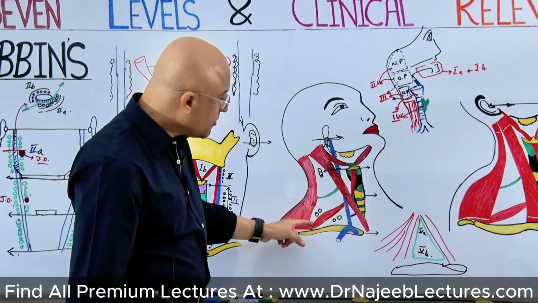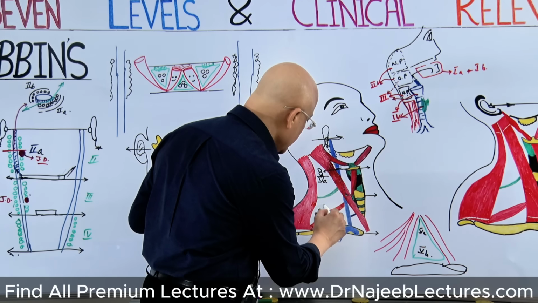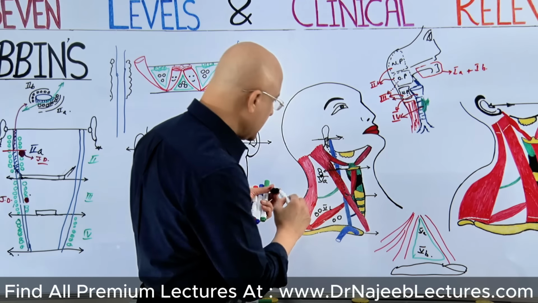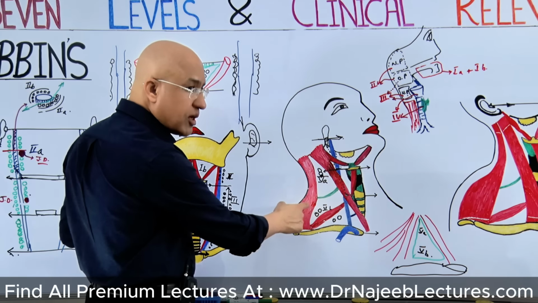When we are talking about level 5, we say the upper part is level 5A, right? And the lower part is level 5B. What is the real difference? The difference is, number one, the spinal accessory nerve.